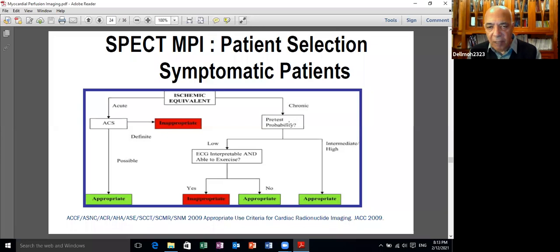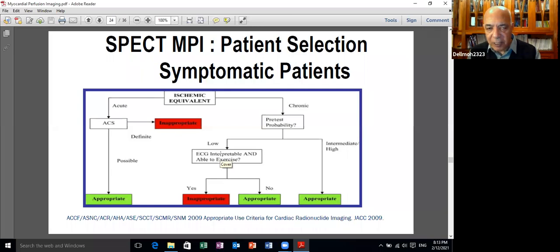Let's see how. We know the risk by calculating the Duke's formula, and if the patient is intermediate to high, then he goes for imaging. If he is low, then we look at whether the ECG is interpretable or not.